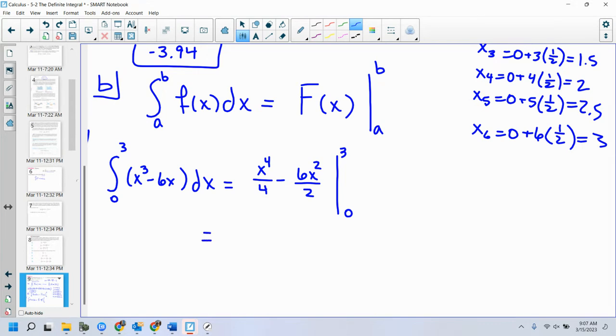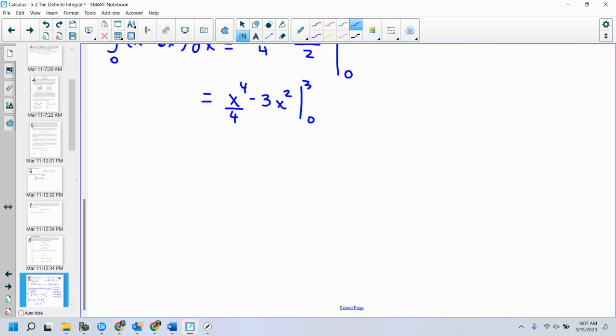Or in other words, x to the fourth over 4 minus 3x squared from 0 to 3. Now, how do we calculate that? Again, it's top minus bottom, right minus left. I'm finding like the area, or the difference in the areas, right?